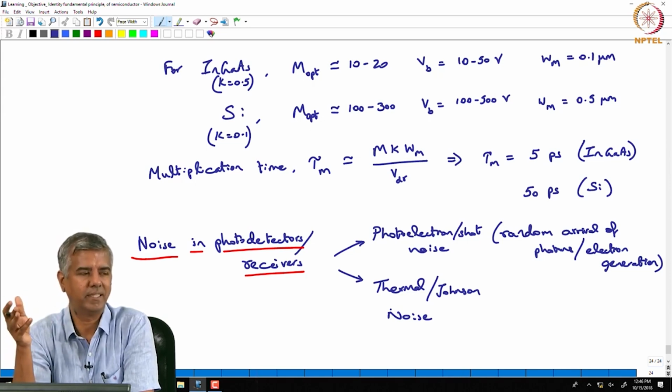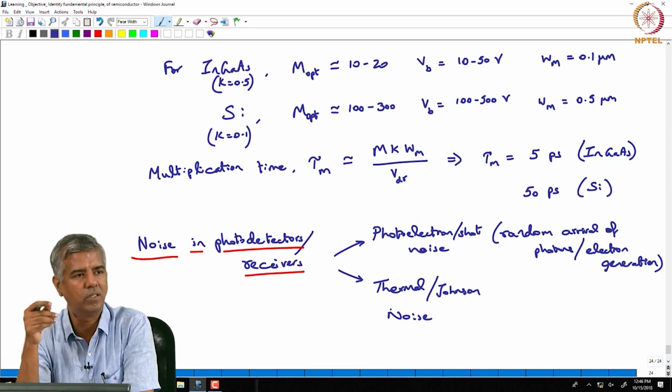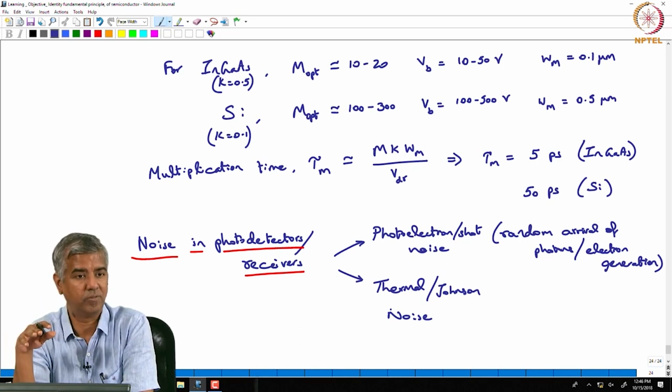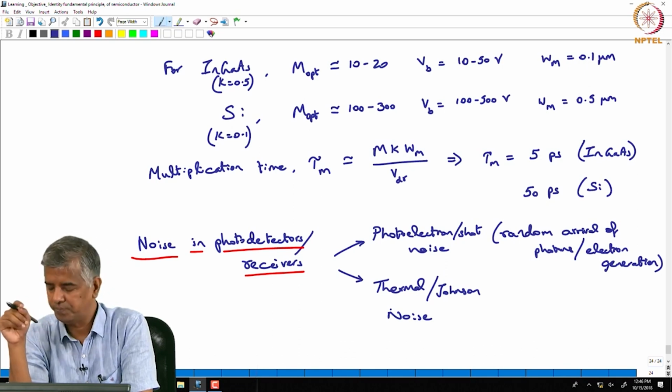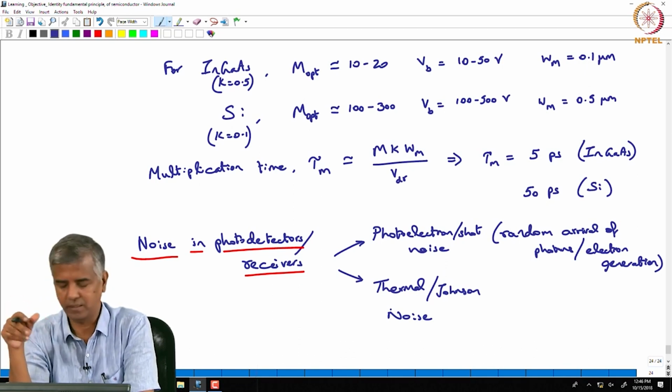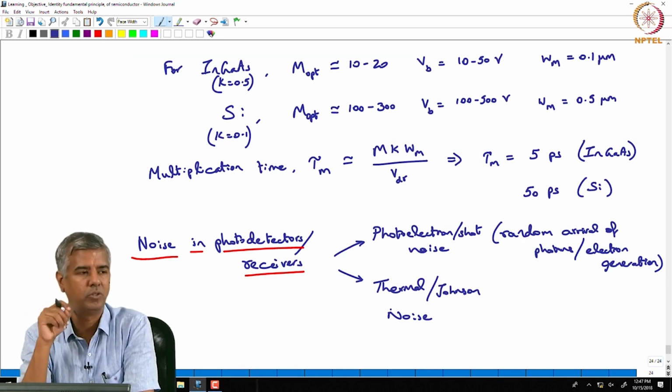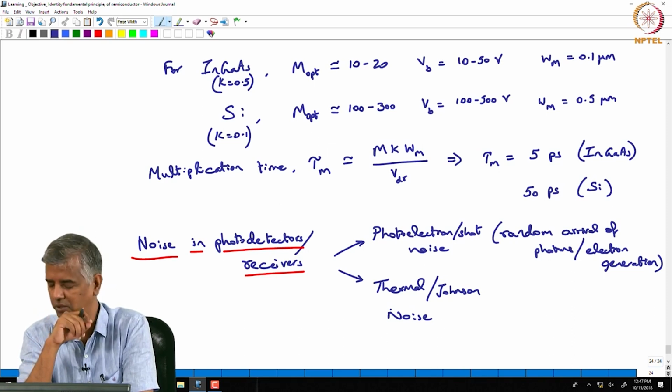But that rate actually depends on the number of collisions that it has while propagating, and that is a random process by itself. So, that noise, because of the random flow of current through a resistor, is what you call thermal noise, or Johnson noise.